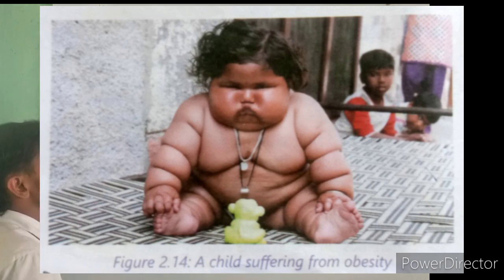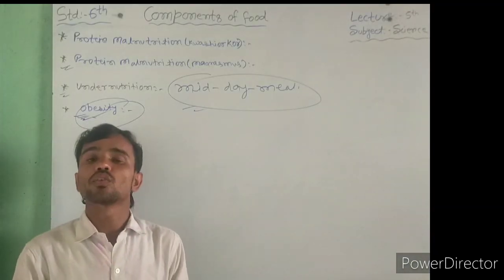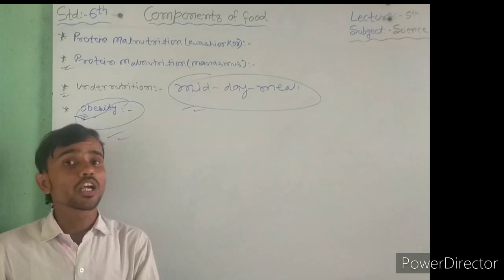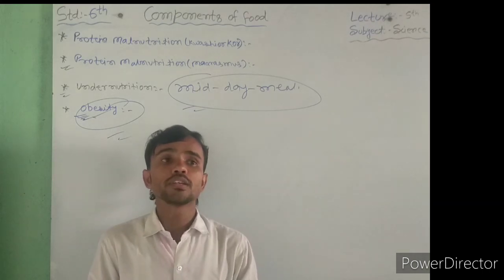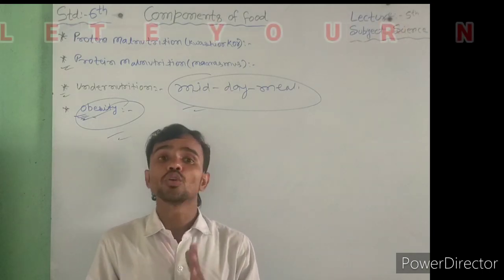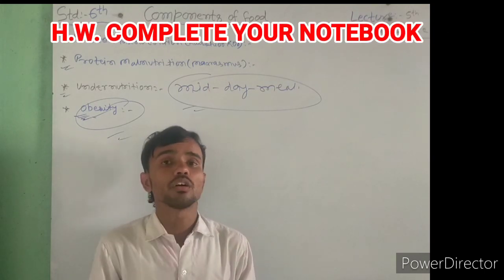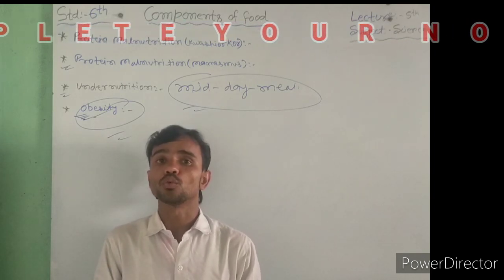My dear students, I hope all students understand this chapter, components of food, and today our chapter is complete. I hope all students write some content at home in your fair copy, and complete your fair copy of the second chapter, components of food.